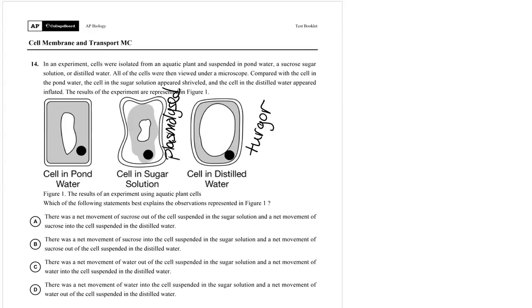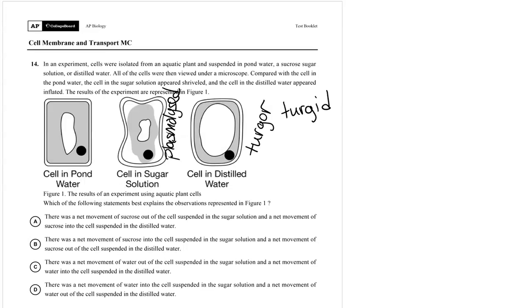So another way to say turgor is that it's turgid. I like turgid better. Turgor just sounds really very strange to me. Plasmolized is still the best word, though. All right, so what can we eliminate?